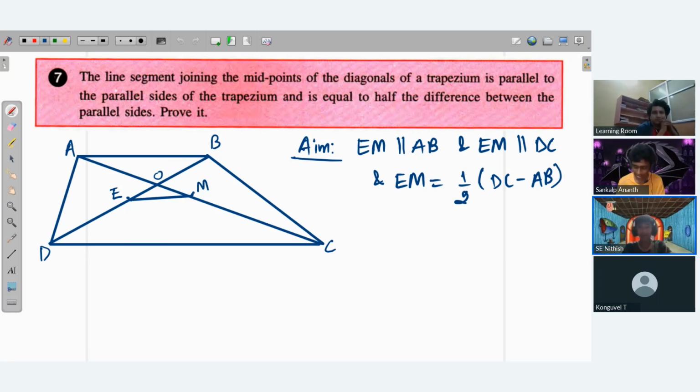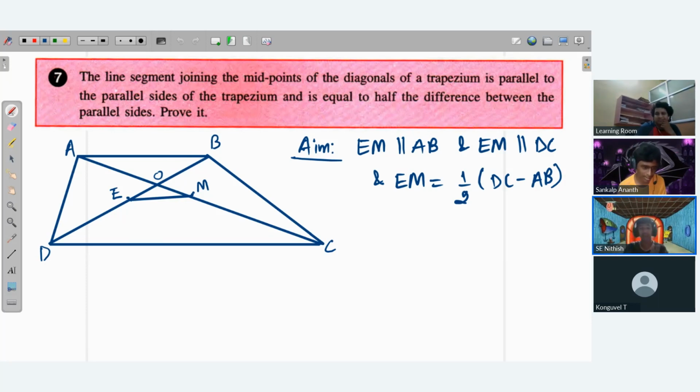If you found out which parallel means, you can extend that ME line to AD, and it'll reach a point F. The same goes for this side. MF is a line segment, right? And EZ itself.